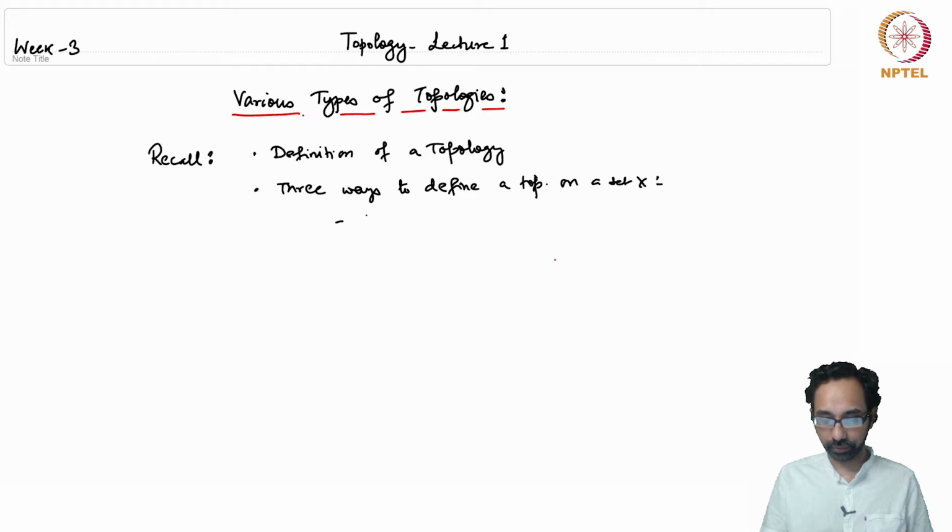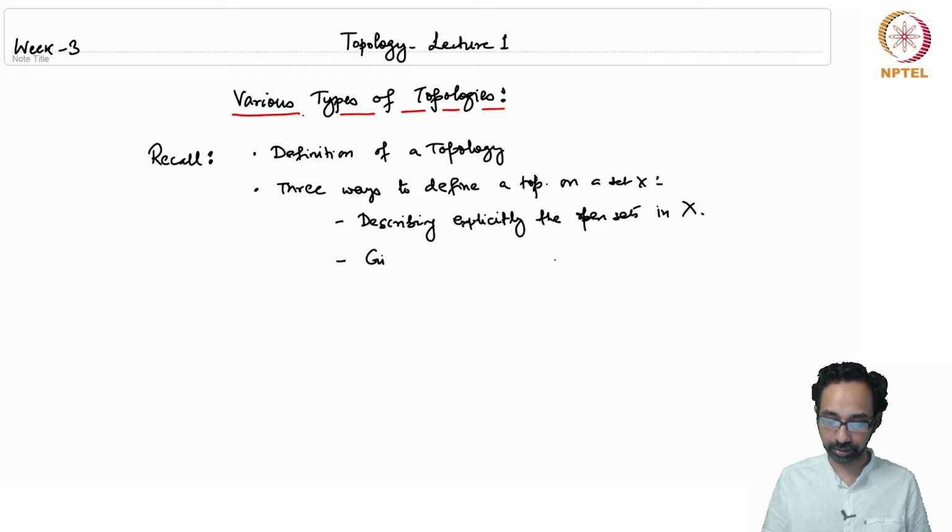The first way was simply to define a topology by describing explicitly the open sets in X, so giving a direct description of the topology on X. The second way we saw was to give a basis on X which generates a topology.